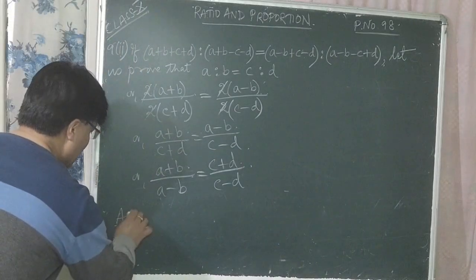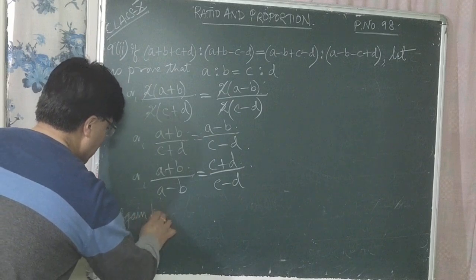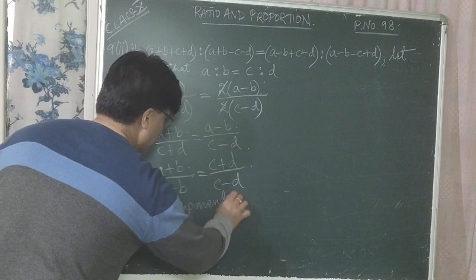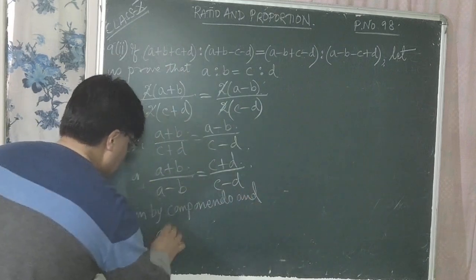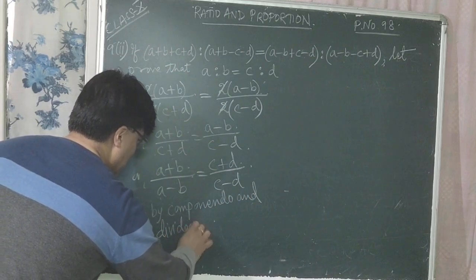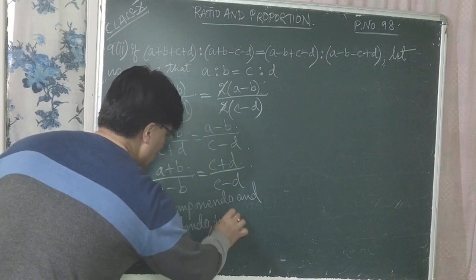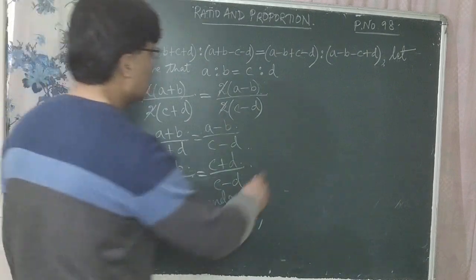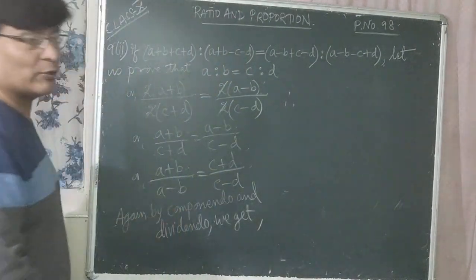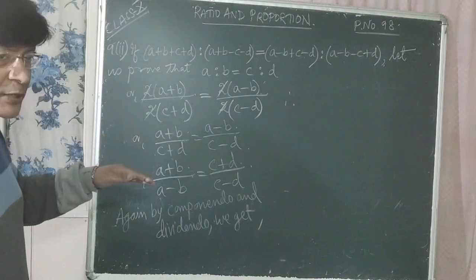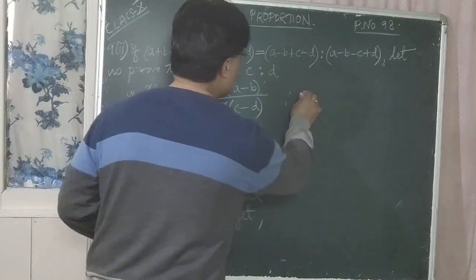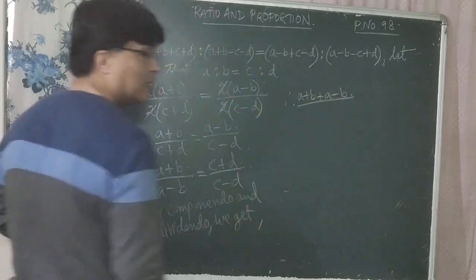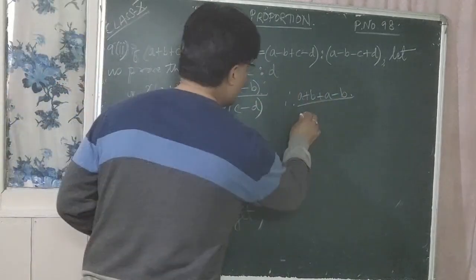So again by componendo and dividendo we get: numerator plus denominator in the numerator, that is A plus B plus A minus B, divided by denominator. What is denominator here?